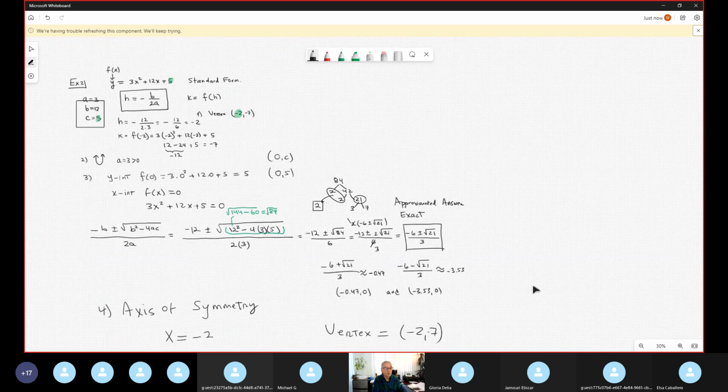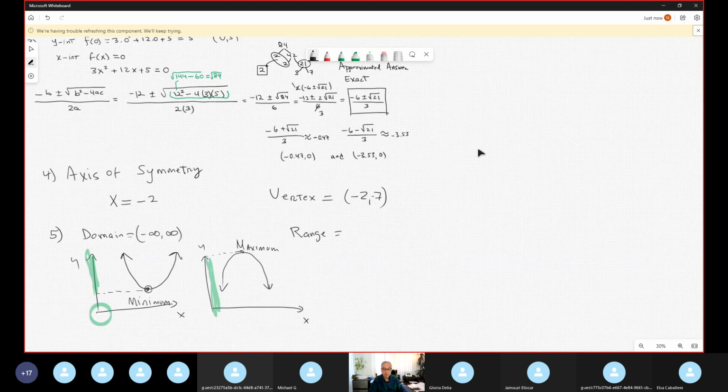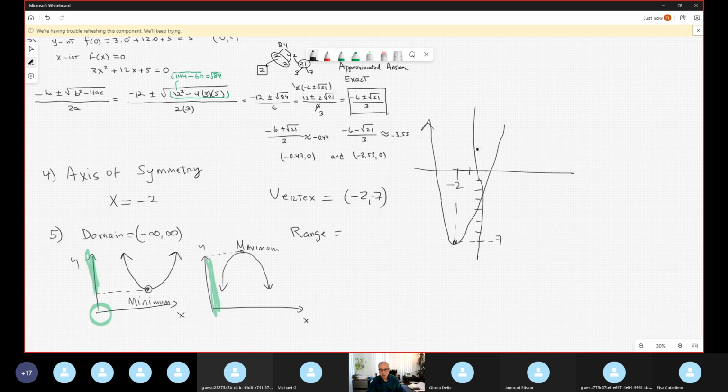Open up. I have a rough idea how it looks. Negative 2, negative 1, negative 2, and negative 7 is 1, 2, 3, 4, 5, 6, 7. Okay, negative 7. This is my vertex. And it opens up, something like that.